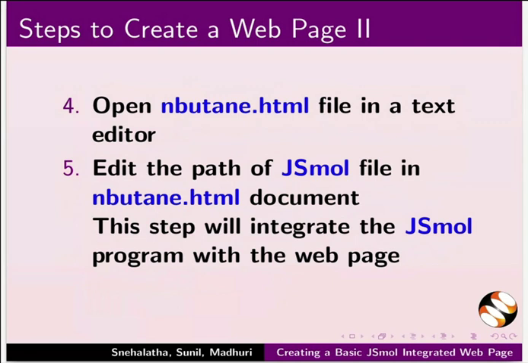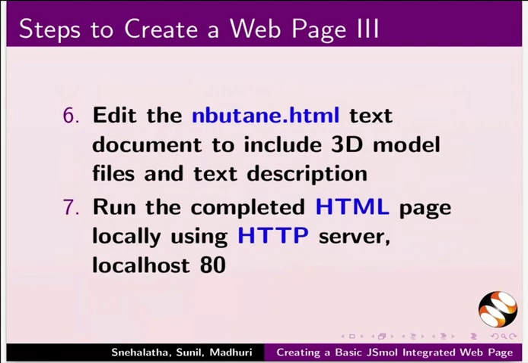Edit the path of JSmol in the nbutane.html document. This step will integrate the JSmol program with the web page. Edit the nbutane.html text document to include 3D model files and text description. Run the completed HTML page locally using HTTP server localhost 80.